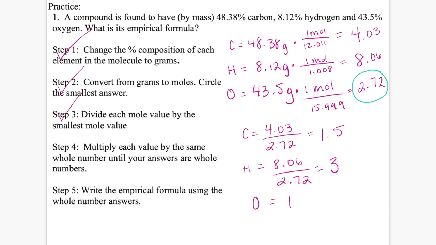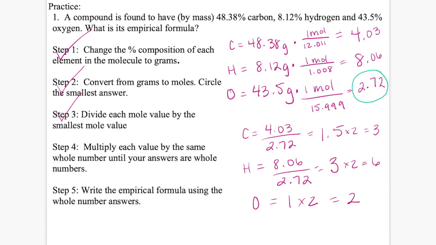For step 4, multiply each value by the same whole number until all your answers are whole numbers. We do have a decimal in our answer. We got 1.5 for carbon, so we can't leave the decimal. We have to multiply all of them by the same number to get the 1.5 gone, so I can multiply each of them by 2. Then carbon will equal 3, hydrogen will equal 6, and oxygen will equal 2.